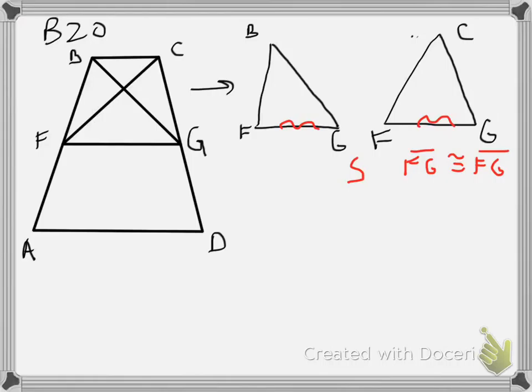Now they're going to give us some other information. They said BG is congruent to CF. So BG is right here, congruent to CF right there. And angle BFG is congruent to angle CGF.